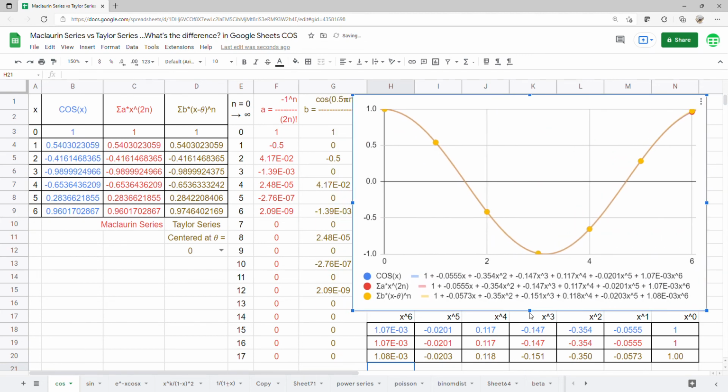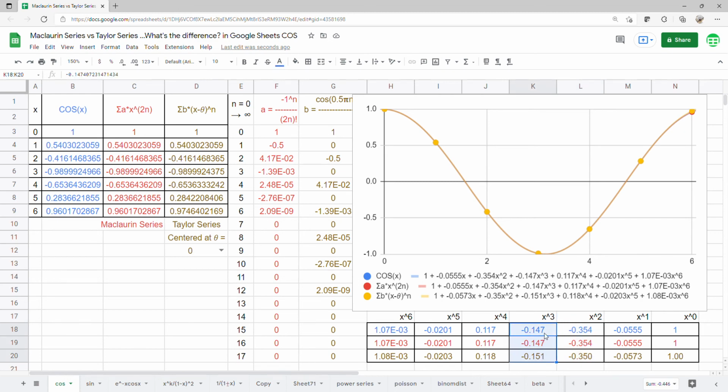Now let's compare the polynomial regression coefficient with the chart. Coefficient of x to the 0, 1. Coefficient of x, minus 0.0555, this is minus 0.0573. There's an error in Taylor series. Coefficient of x squared, negative 0.354, negative 0.35.